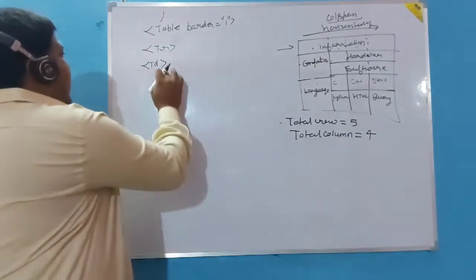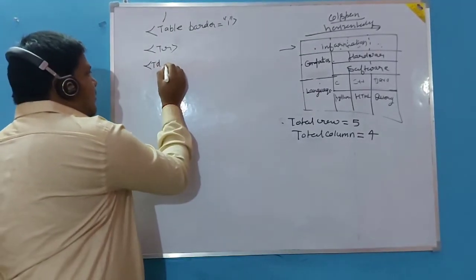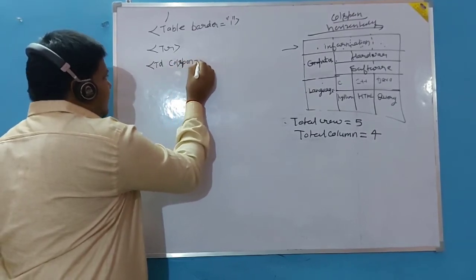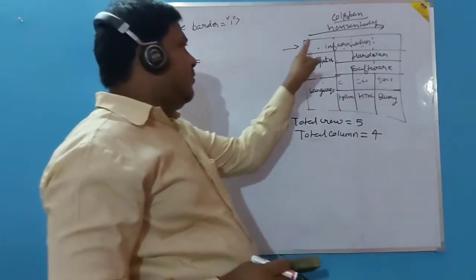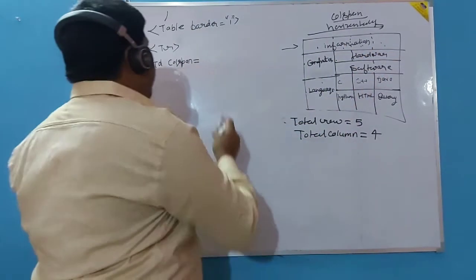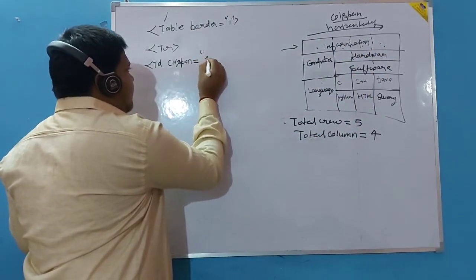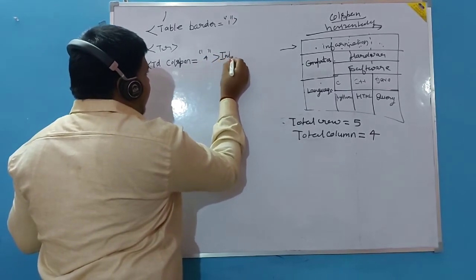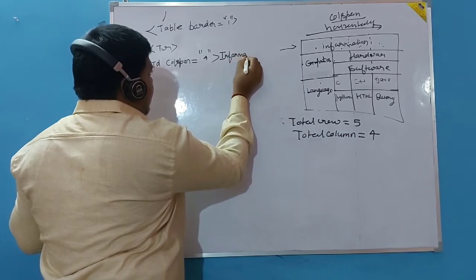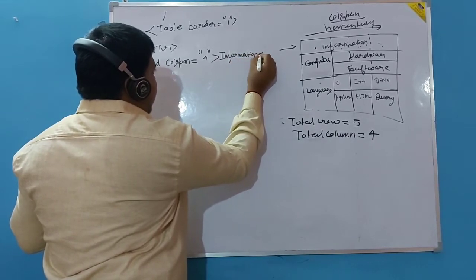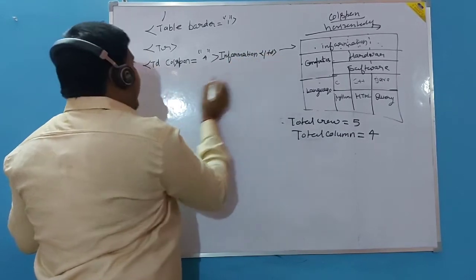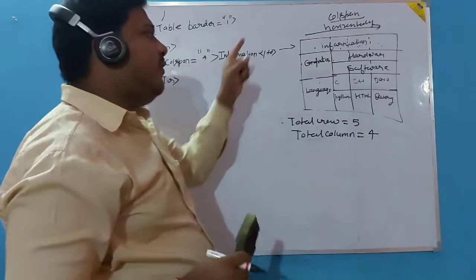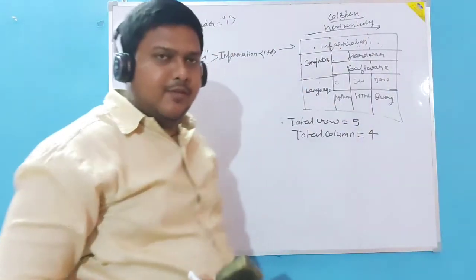So TD, and I will not close it here, and I will use colspan is equal to how many? 1, 2, 3, 4. So I will write colspan is equal to 4, and then I will write here information, and then I will close the TD, and I will also close the TR. Means one row of information we have completed.